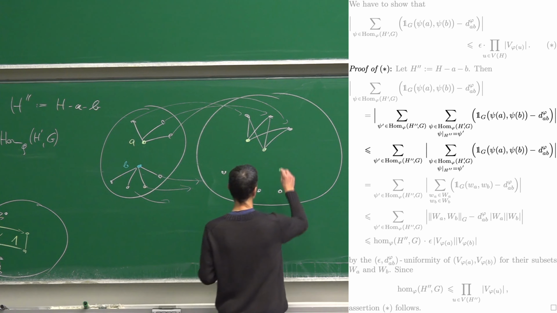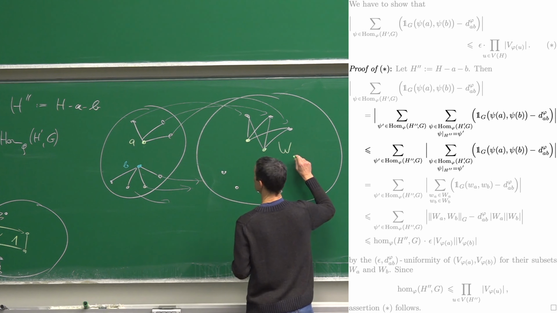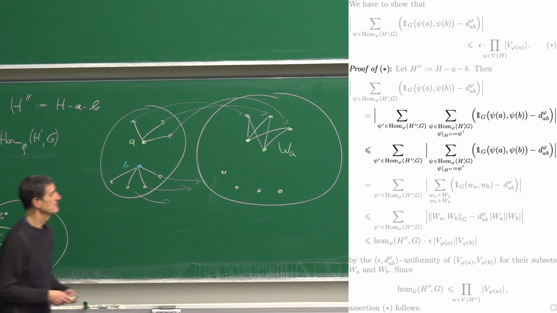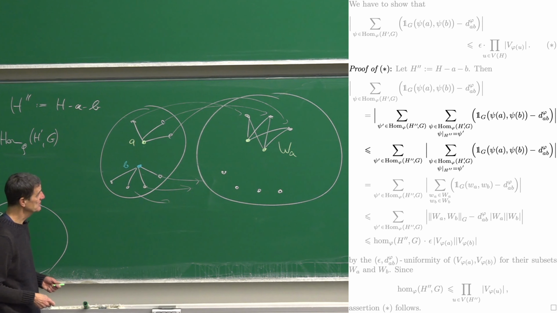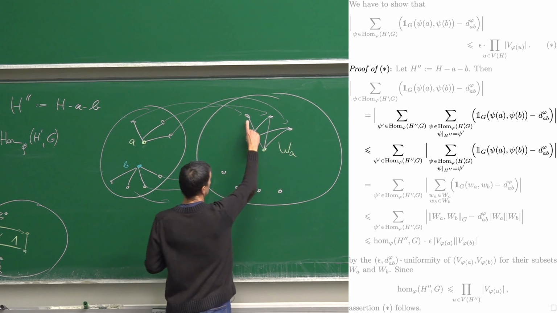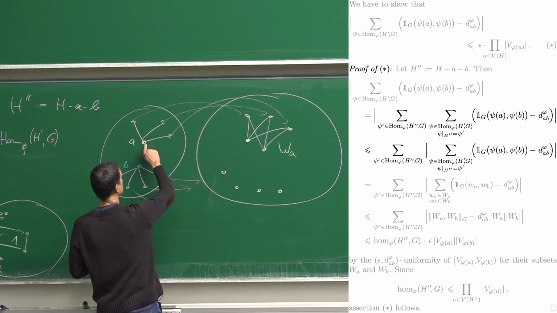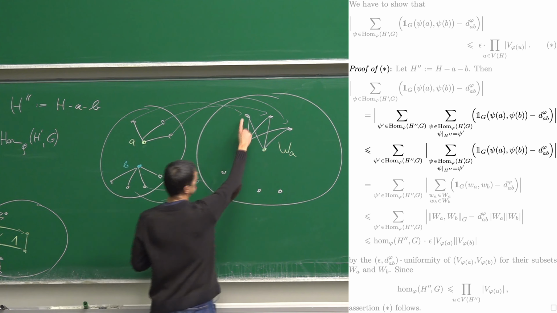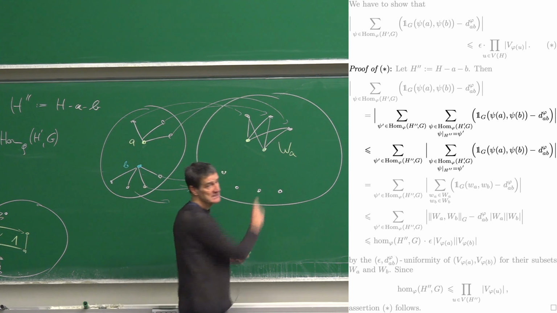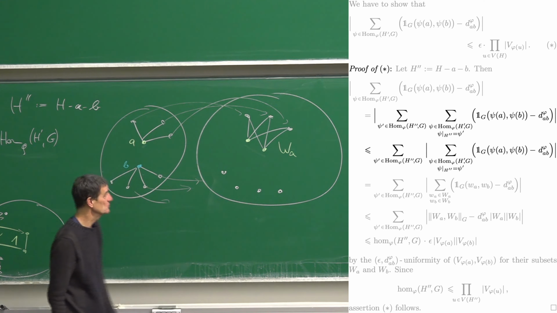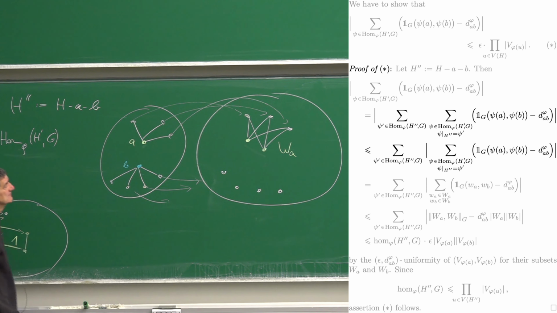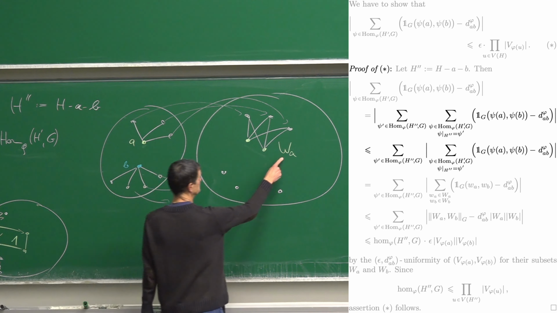And let's call the set of vertices from which we can choose, those that are adjacent to the images of the neighbors of A in G and lie in the right class, the target class for little a under phi, that set WA.